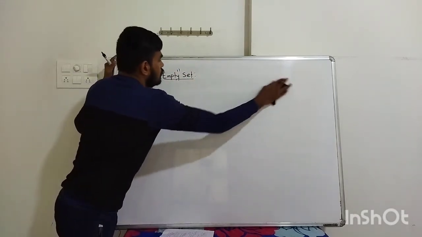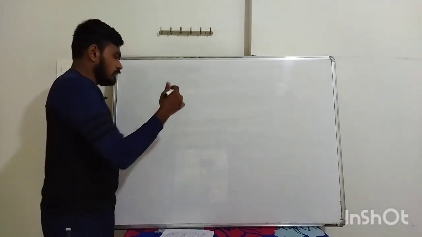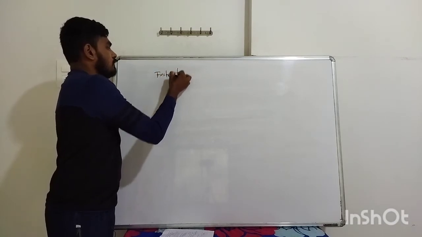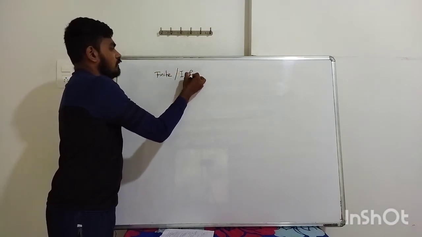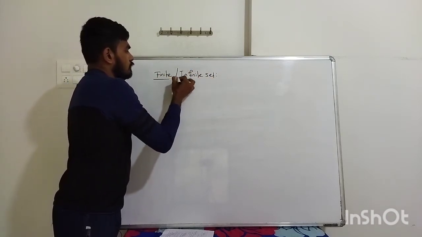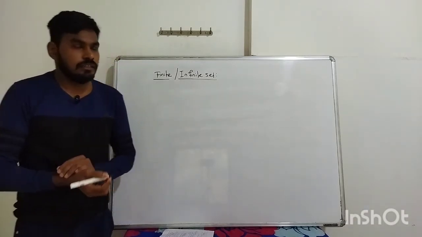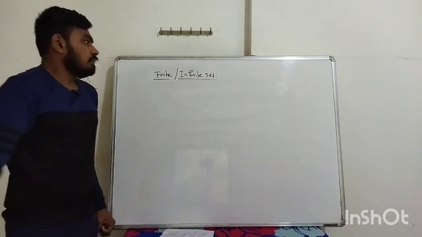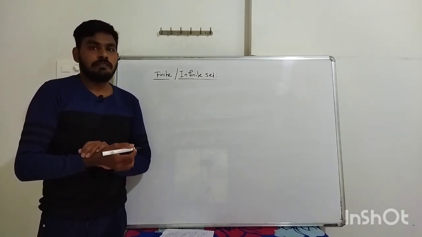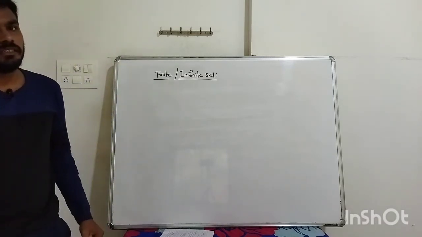Next, we'll learn finite and infinite sets. So what is a finite set? A set which contains a definite number of elements is called a finite set.